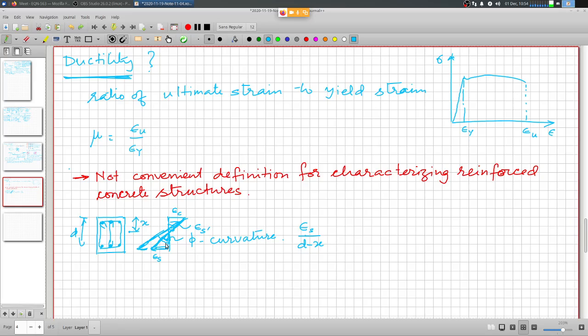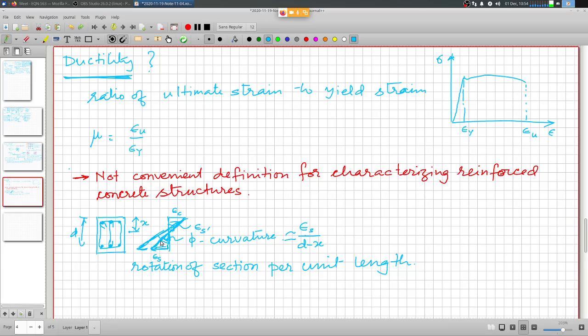That is a measure of this angle, and typically curvature is defined as the section rotation per unit length. So when we talk of the ductility of the section, we talk of curvature ductility.